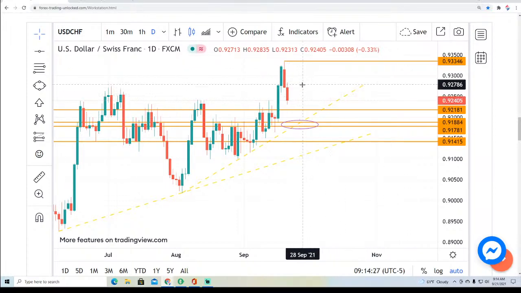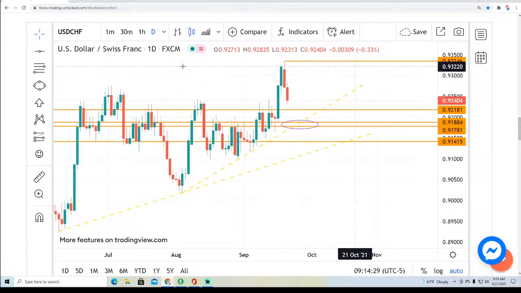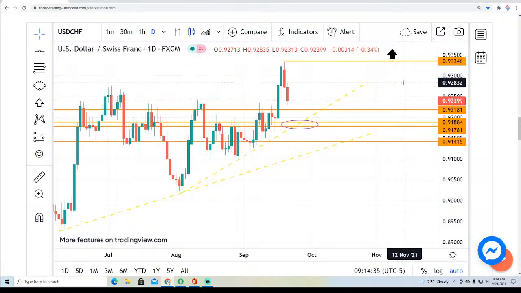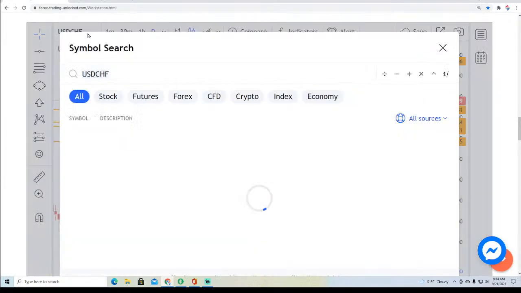So use caution. If you're a bear, you have your risk level here. Anything above this area, it's obvious that it's making new highs. You're looking at a situation where it can really explode to the upside. So be mindful of these levels.